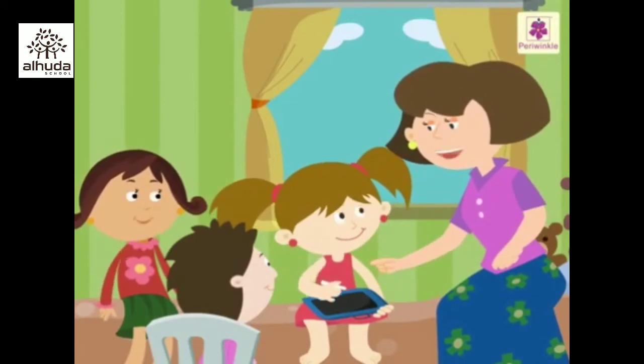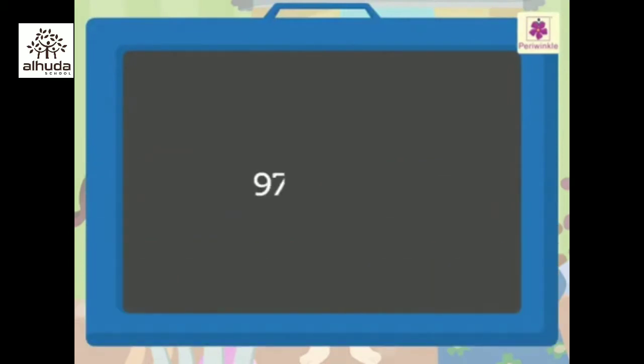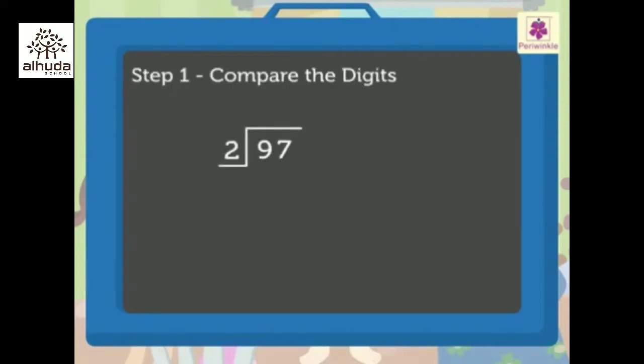Children, there are 5 steps to simple division. Let us see these steps while finding the quotient for 97 divided by 2. Step 1 is to compare the digits.